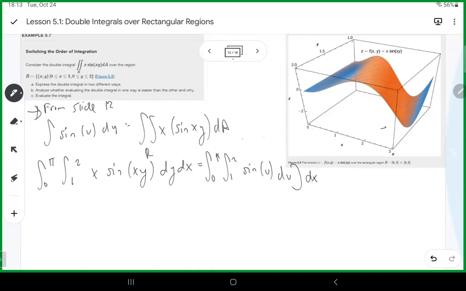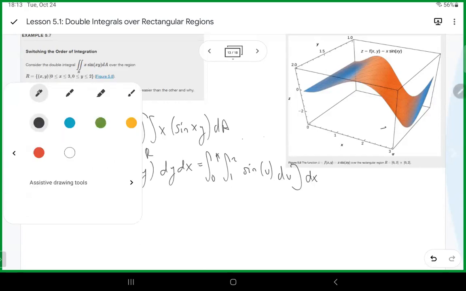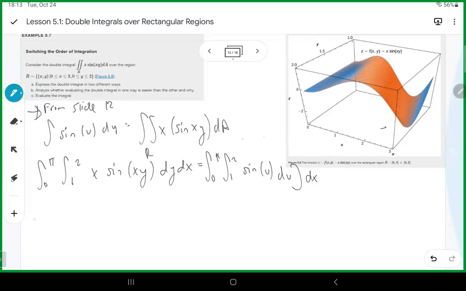Right? However, if we integrate with respect to x first and then with respect to y, then you have to use a much nastier looking option. So this would be x first.